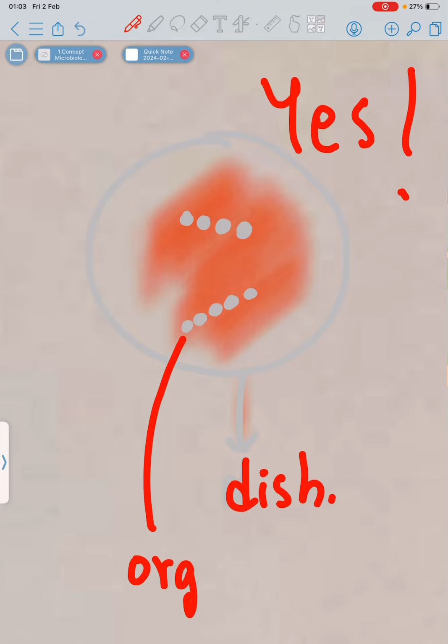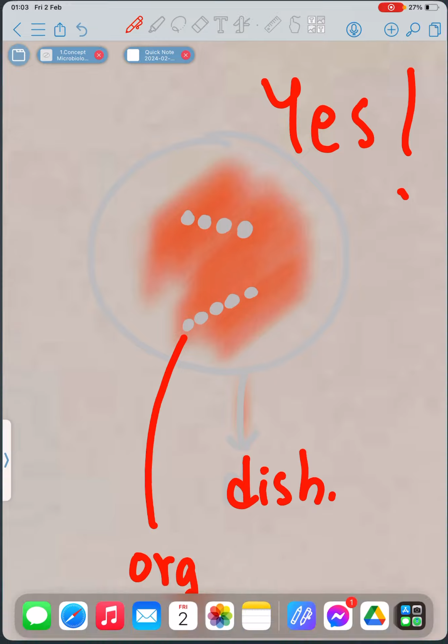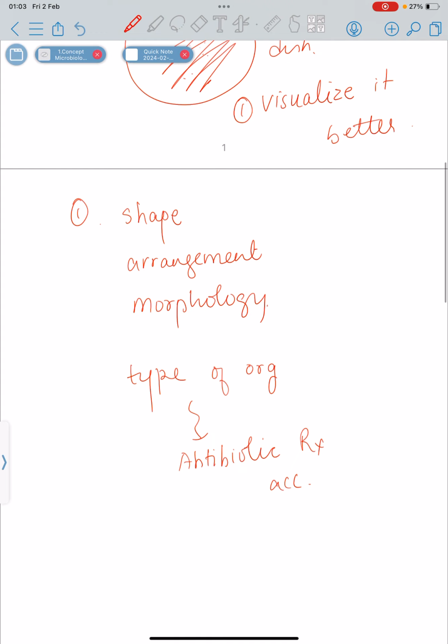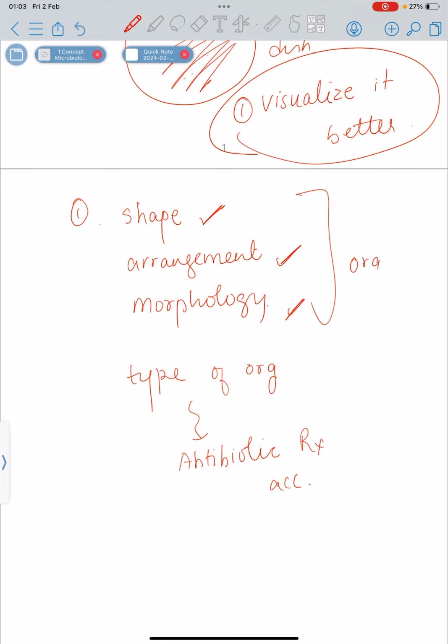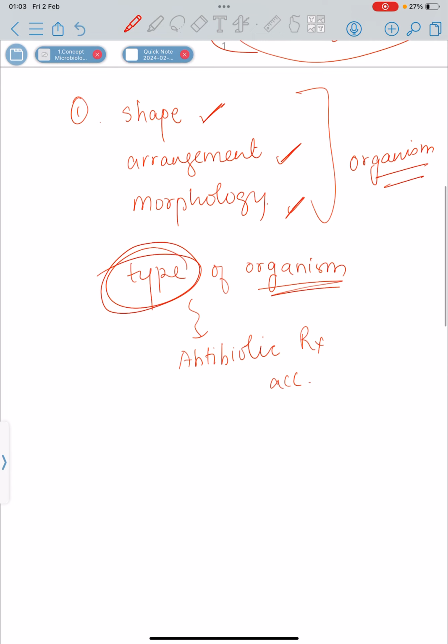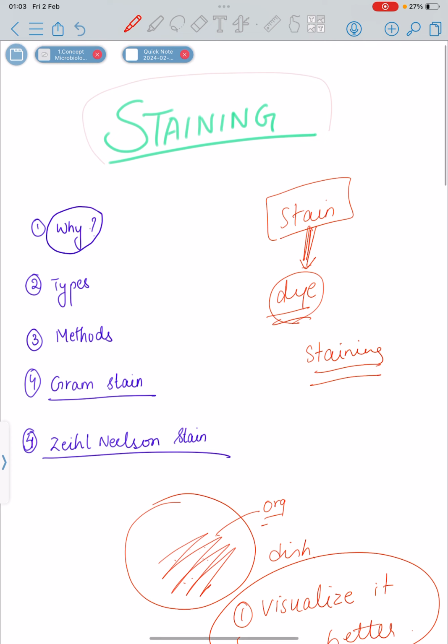So this is the use of stain. So for better visualization of the shape, arrangement, morphology of the organisms, and the type of organism can also be identified, which helps us to select the antibiotic therapy. Okay, so this is all about the stain.